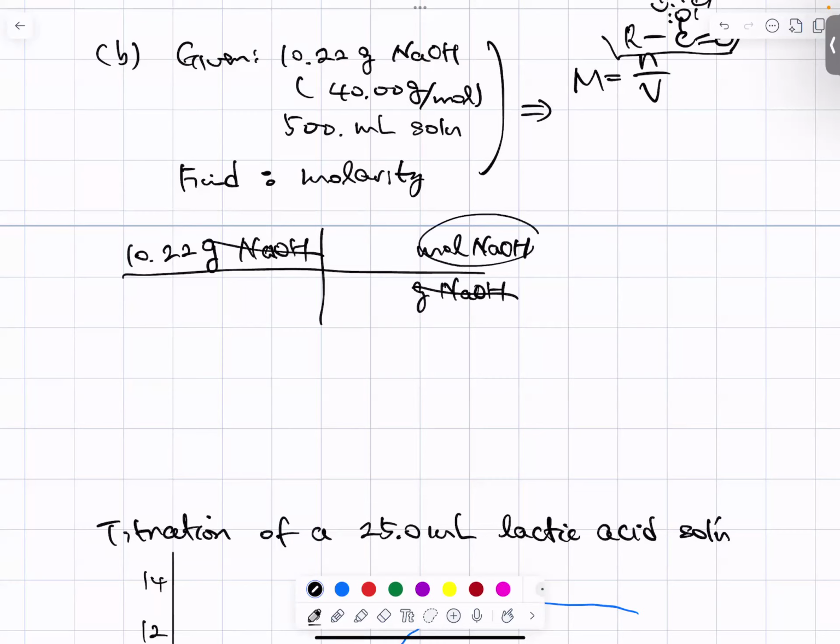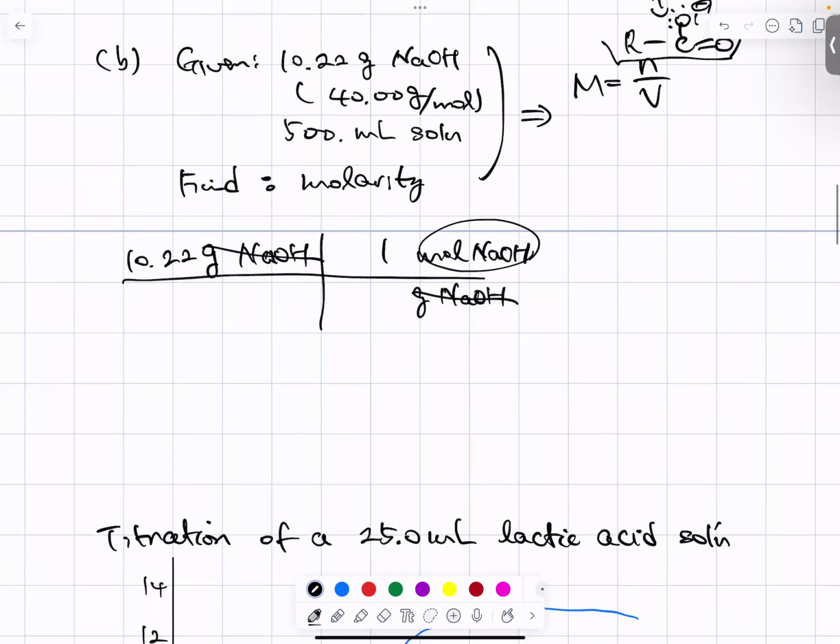We want to convert it to the mole number, and the values must be equivalent to each other. So 1 mole of sodium hydroxide has 40 grams of mass, and do not lose the trailing zero that's fixed here. When you plug this into the calculator, I already calculated this, it is 0.2555 mole of sodium hydroxide.